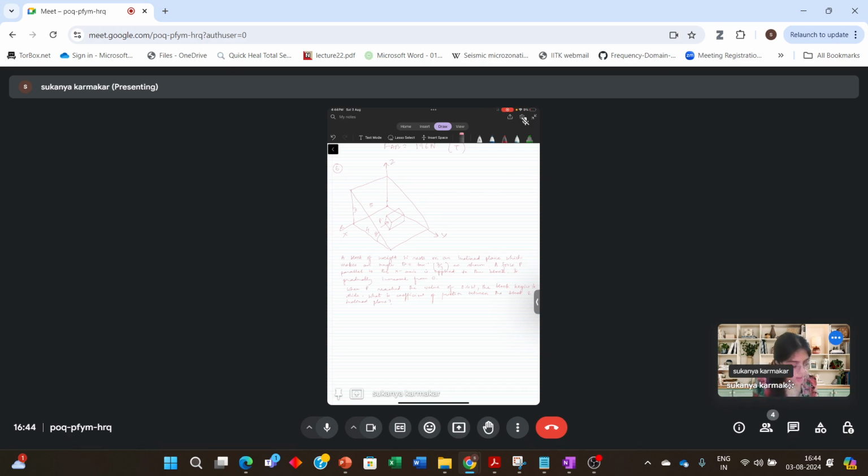The time is limited. Let's draw the free body diagram. I am drawing this block as if projecting it on the YZ plane.